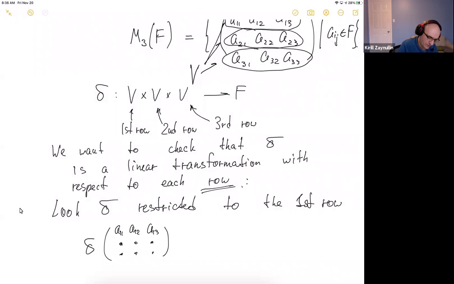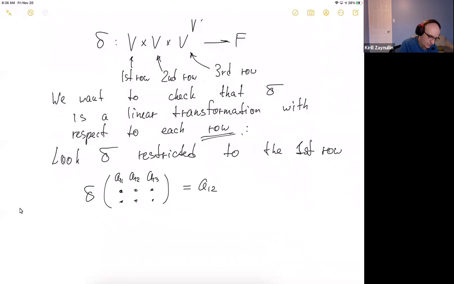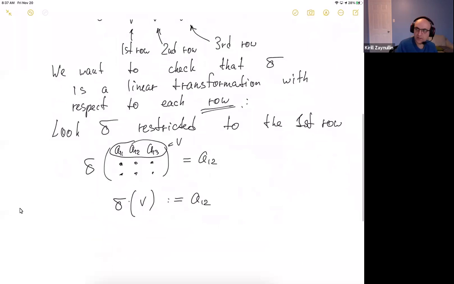Now what's the function? The function is just A12. So this is one vector, say V, and delta of V is defined to be A12. You don't care about the other entries; you fix them.